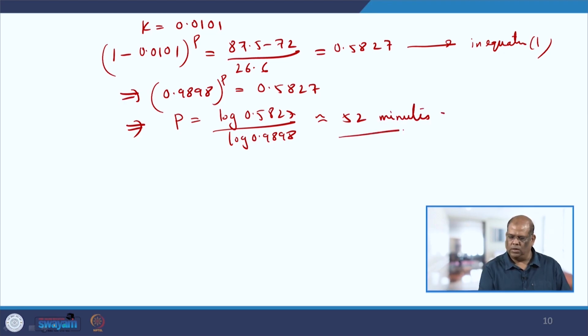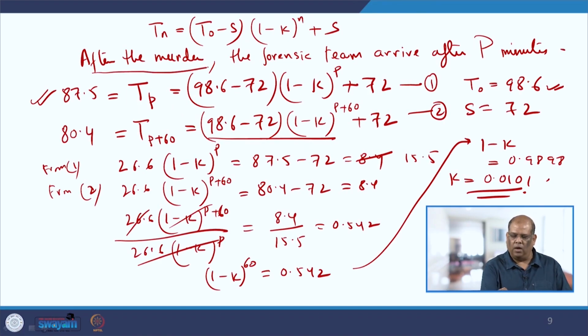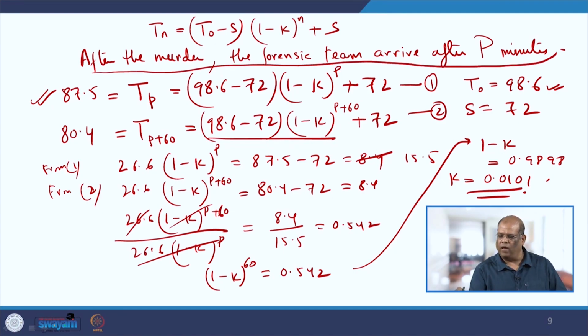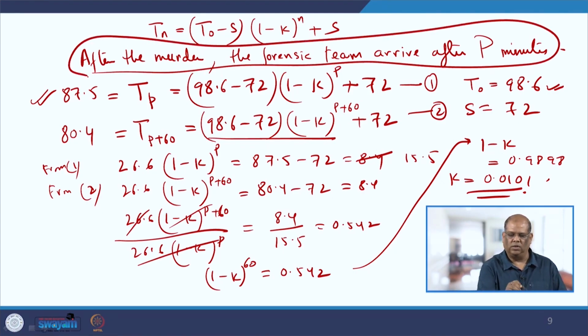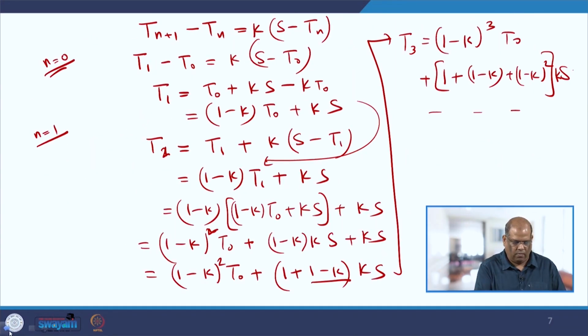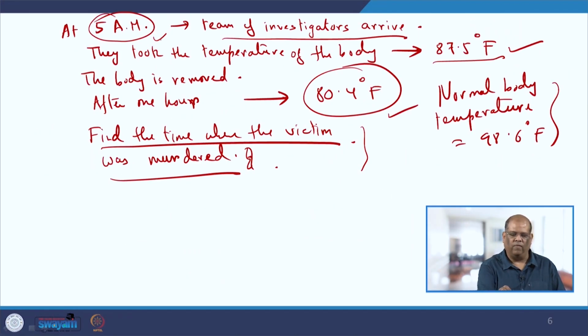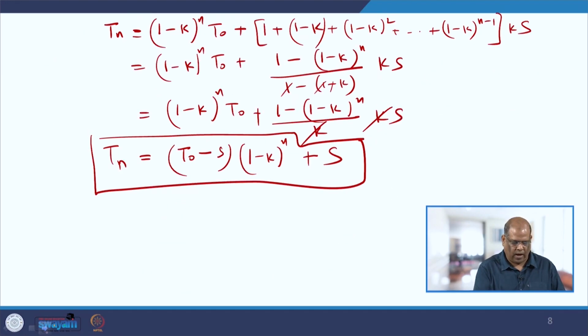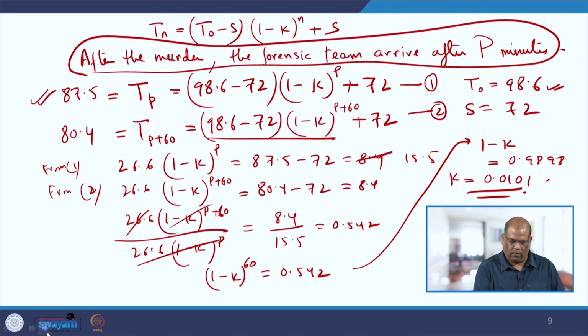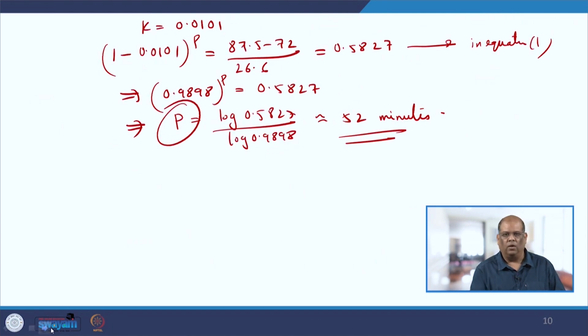So, what is this 52 minutes? If you recall, after the murder, the forensic team arrive after p minutes. So, after 52 minutes of the murder, they arrived, and the time was 5 a.m. So, if you subtract 52 minutes from their time of arrival, what you get is an approximate time of murder.